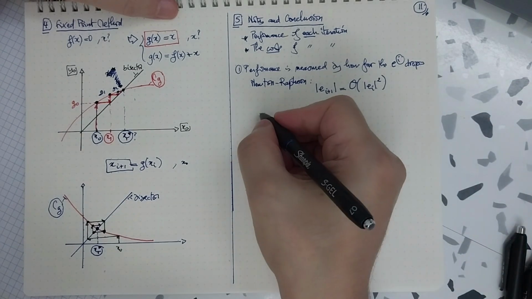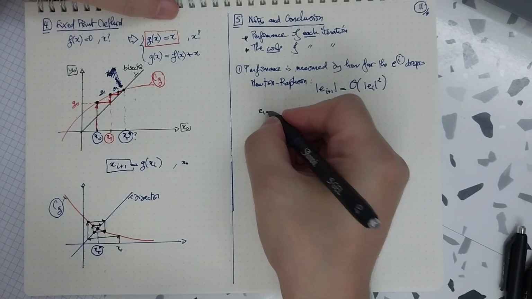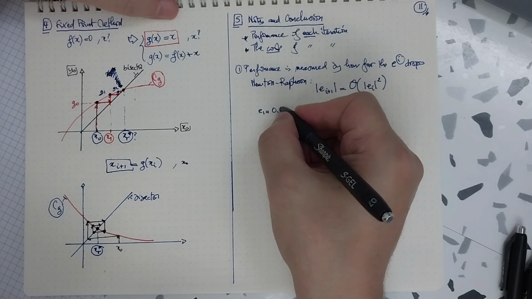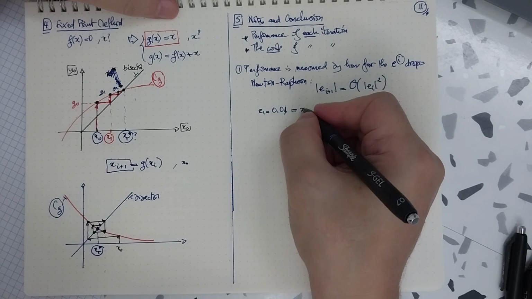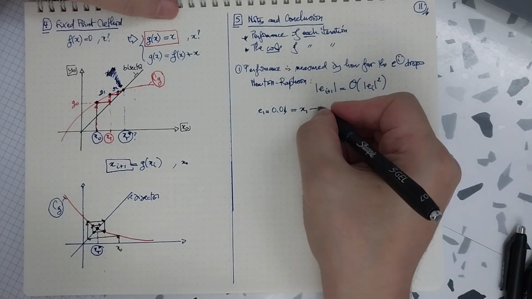It means, for example, at the first iteration, we have an error of 0.01. This is the error, the distance between the current point and the true point.